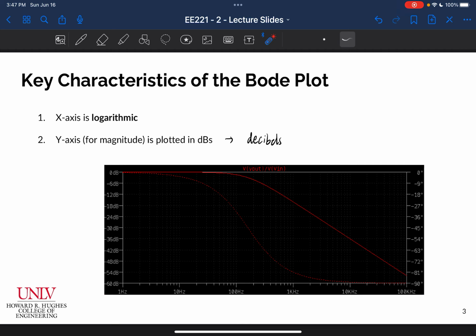And then once we're done with that, we're going to move on into the characteristics of the Bode plot and transfer functions, and then we'll get further along into doing some examples and actually analyzing Bode plots and sketching some Bode plots, similarly to what we've already been doing, but in this new way with this dB y-axis, which is the industry standard for this kind of thing, for frequency response.